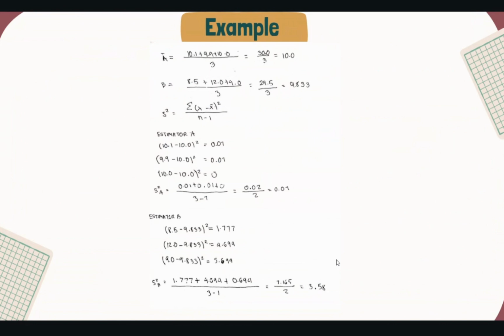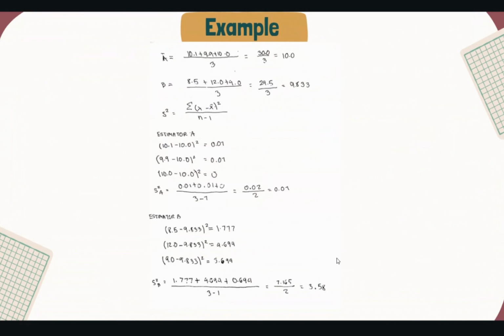And now we're going to solve the variance. For estimator A, we get the mean, which is 10. But we will need to subtract it from the given, which is 10.1 minus the mean 10 that we got.